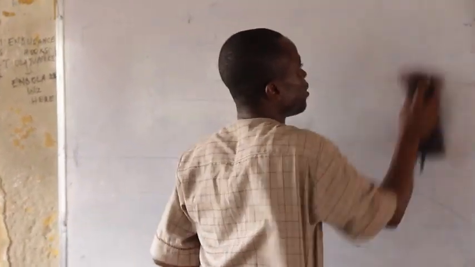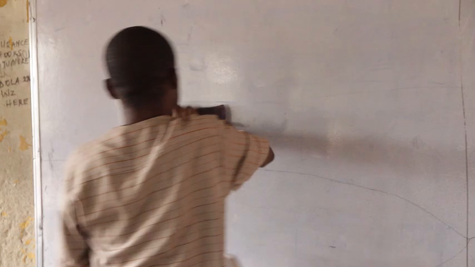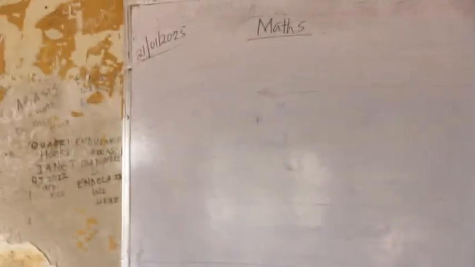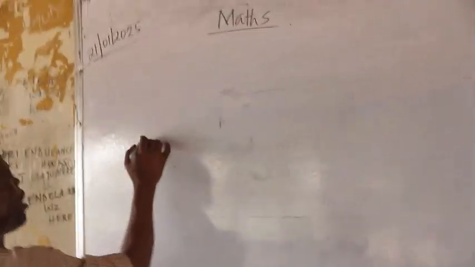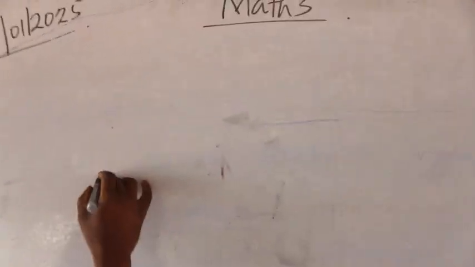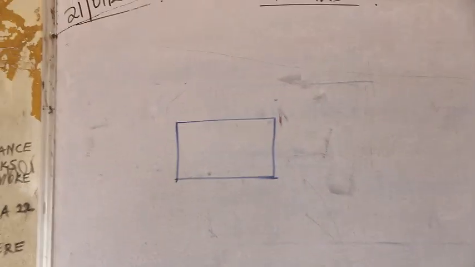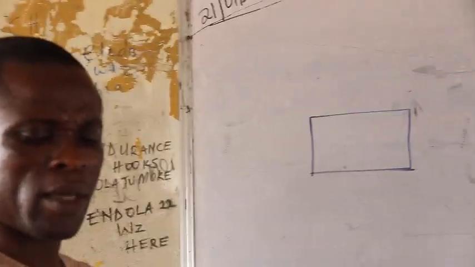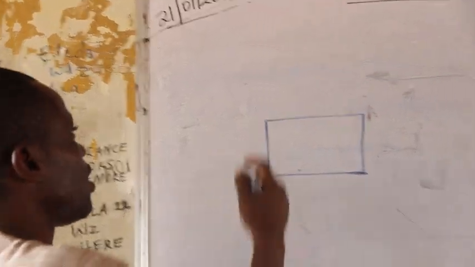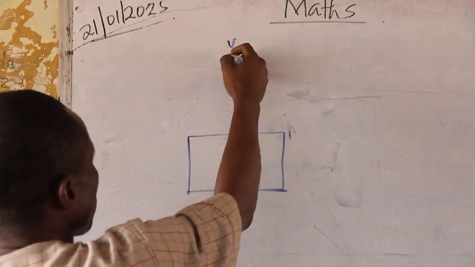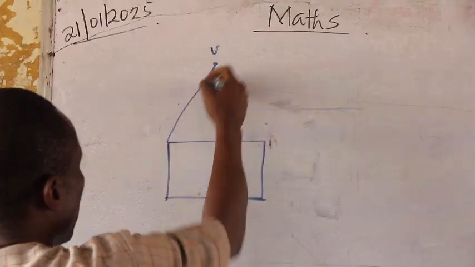Now you start by drawing the diagram. Here it is. We have a rectangle. In the first one we have a pyramid of height 11 centimeter. This is the vertex, B. We have this slant edge.